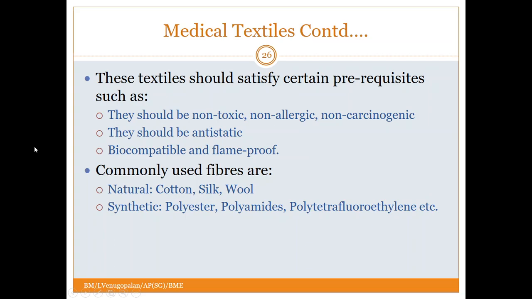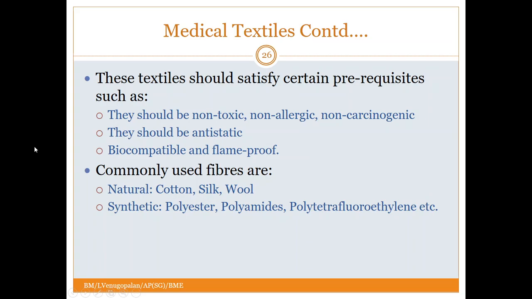So if the cautery tip touches the material, it shouldn't catch fire and shouldn't be causing any flame hazard. At the same time, if for some arbitrary reason a certain section of the hospital has caught fire, then this textile should protect the patient as much as possible and should not be aiding the spread of fire and put the patient at the risk of receiving burns.